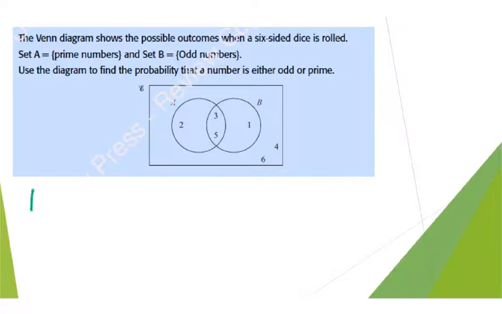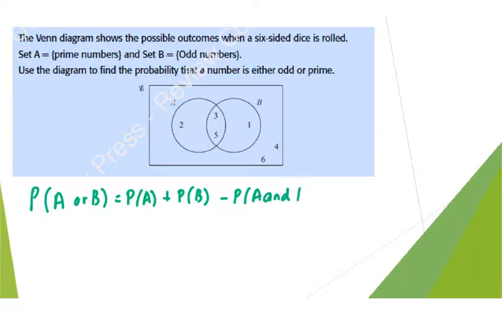So for P(A or B), you will be looking at the probability of A, add on the probability of B, and subtract the intersection between A and B.